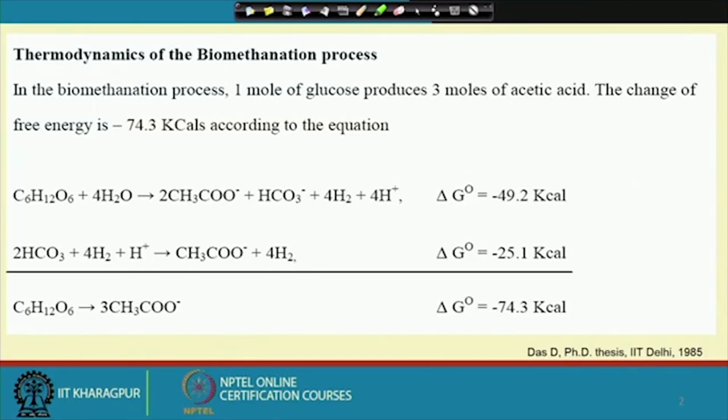First thing that I want to show you is the thermodynamics of the biomethanation process. As you know, biomethanation is a kind of anaerobic digestion process, where the organic material is converted to methane and carbon dioxide.